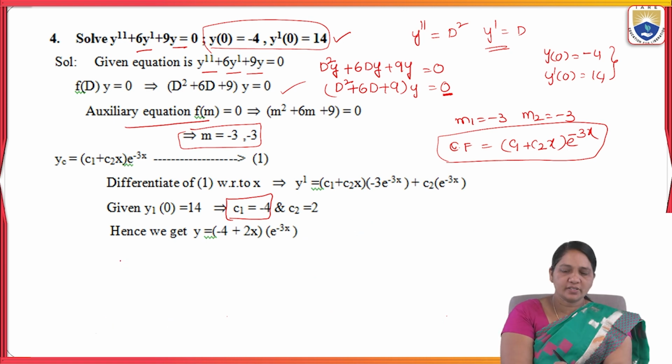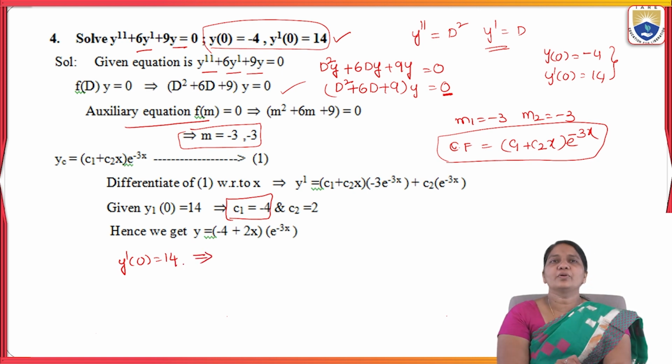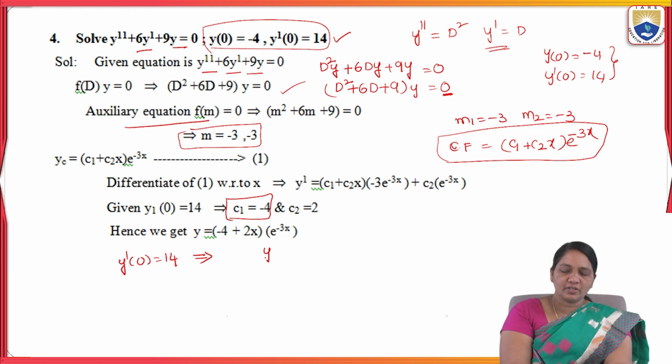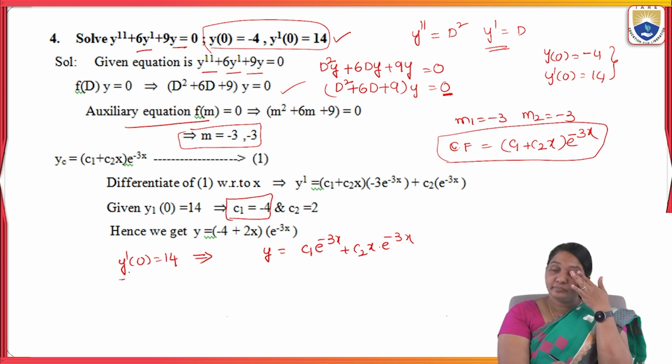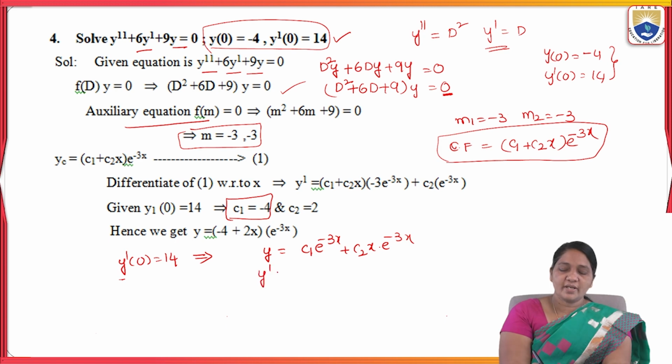Now what is the second condition? y'(0) = 14. Here y' means I have to take one derivative of y = C1 e^(-3x) + C2 x e^(-3x). I need the y' value first, so that's why I am doing the differentiation here. y' = C1 times the derivative of e^(-3x), which is e^(-3x) times -3. Then C2 is the constant, and here there is a u into v form.